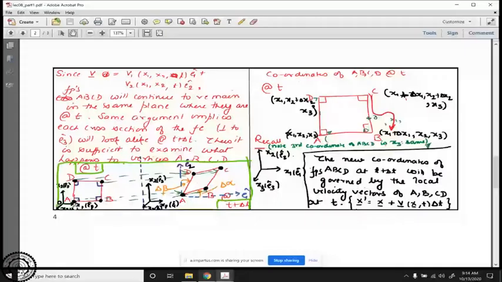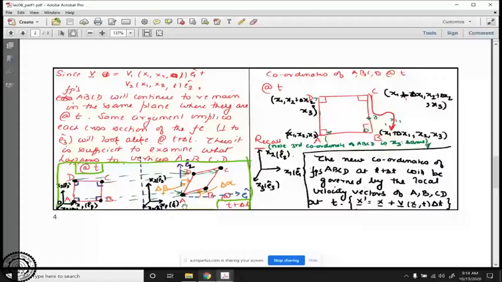A has displaced from its original position to a new location, which I'm still calling A. A, B, C, D are labels for fluid particles, which is why I'm not changing those labels. A was here initially, and A has now come here. Now B might have gone here, C might have gone here, and D might have gone here. So it becomes a rhombus at t plus delta t, right?